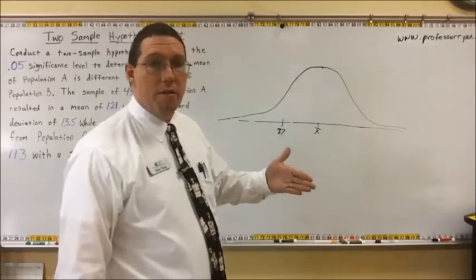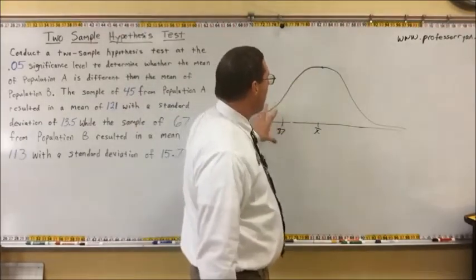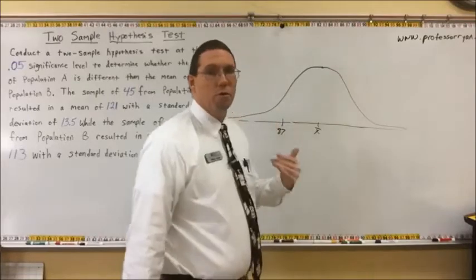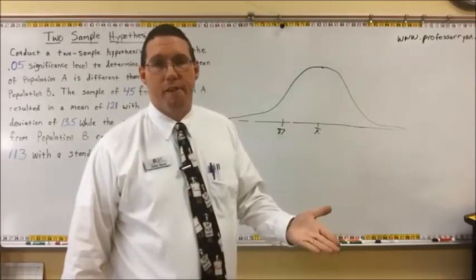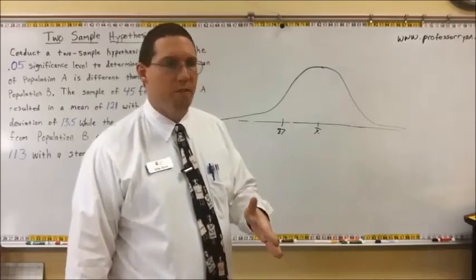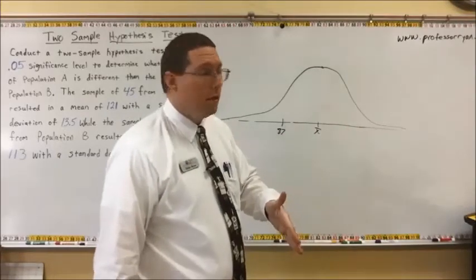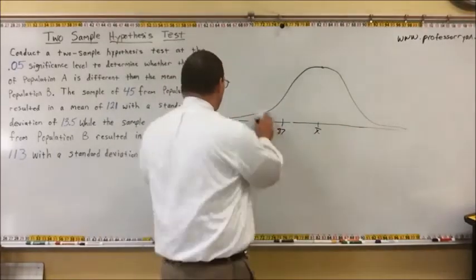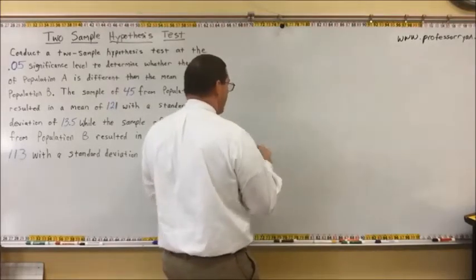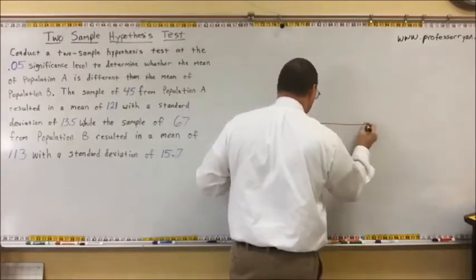So in a one-sample hypothesis test, you are testing a sample against an unmoving number, one objective value, and you're wondering whether that is the mean of the population the sample is taken from. But in a two-sample hypothesis test, there is no unmoving number.